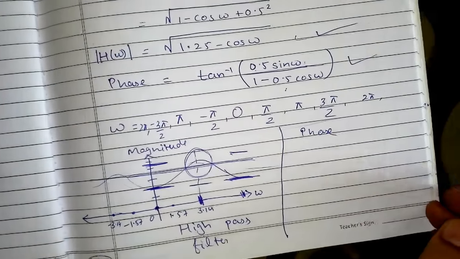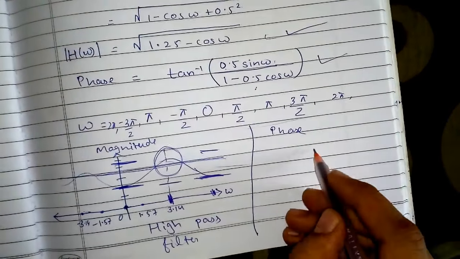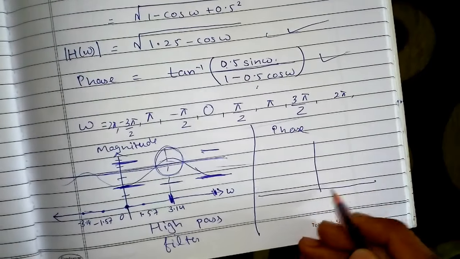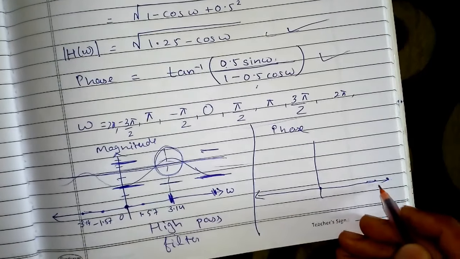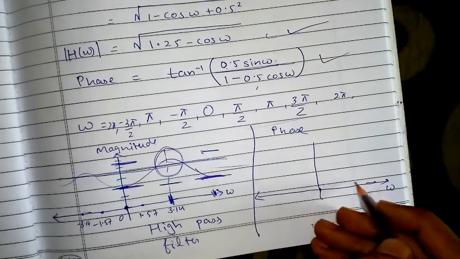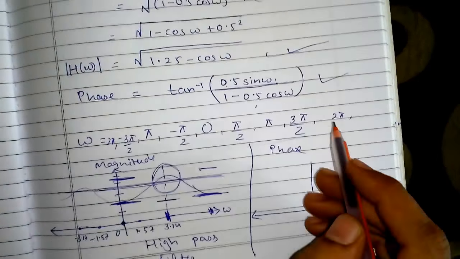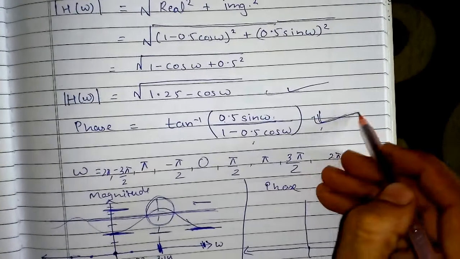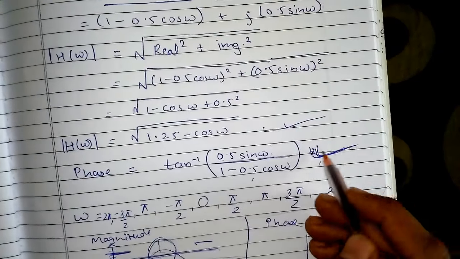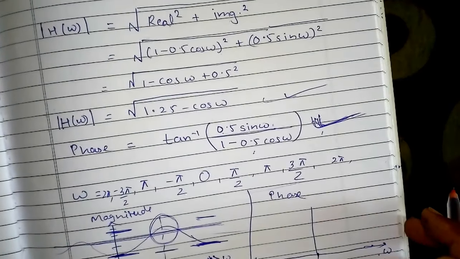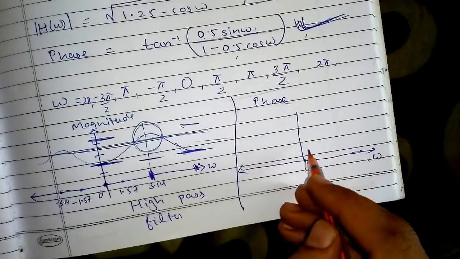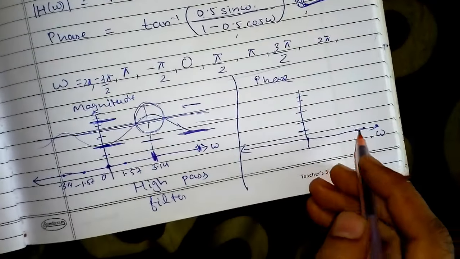For phase, again the x-axis will denote your omega, and whatever value you get after putting omega in this equation, plot them on the y-axis.